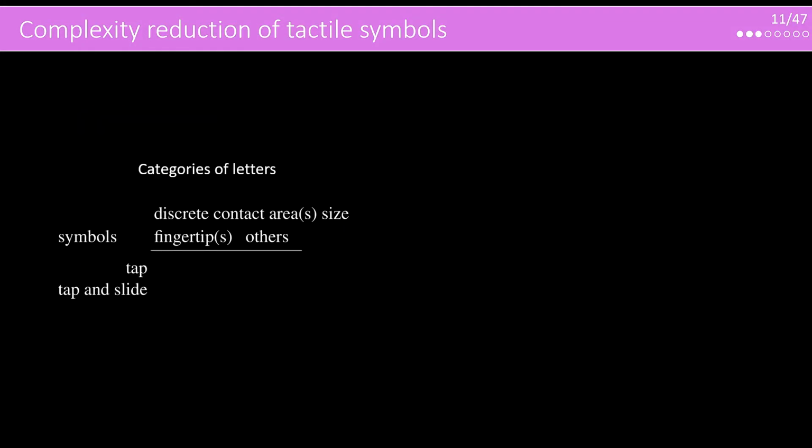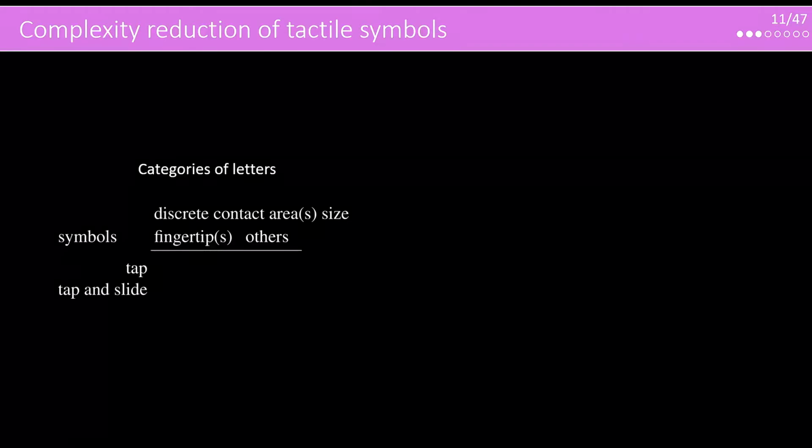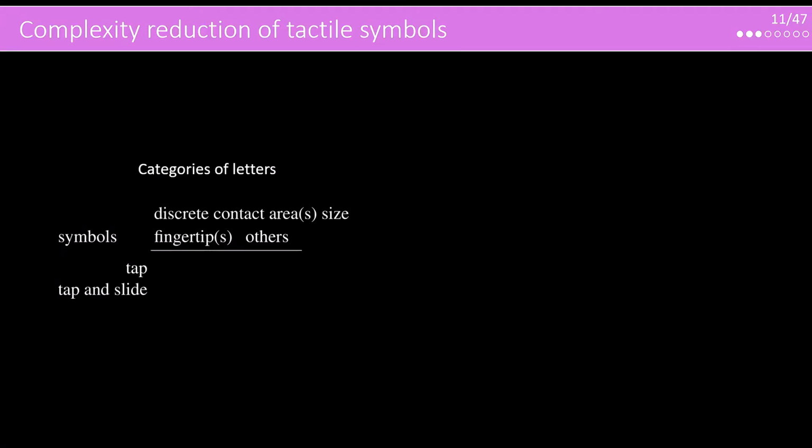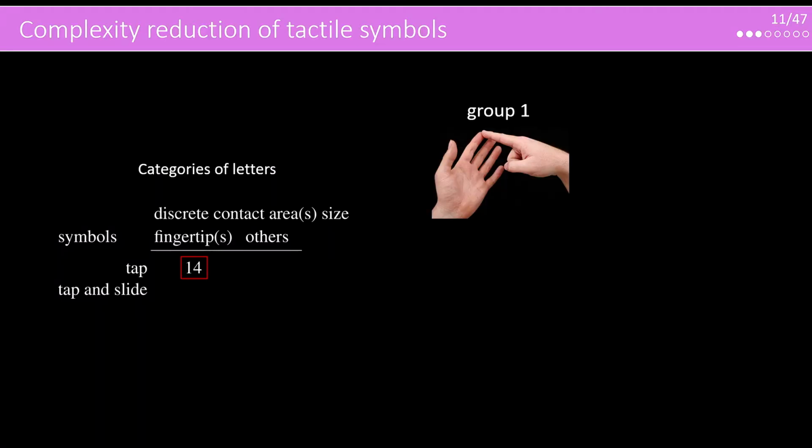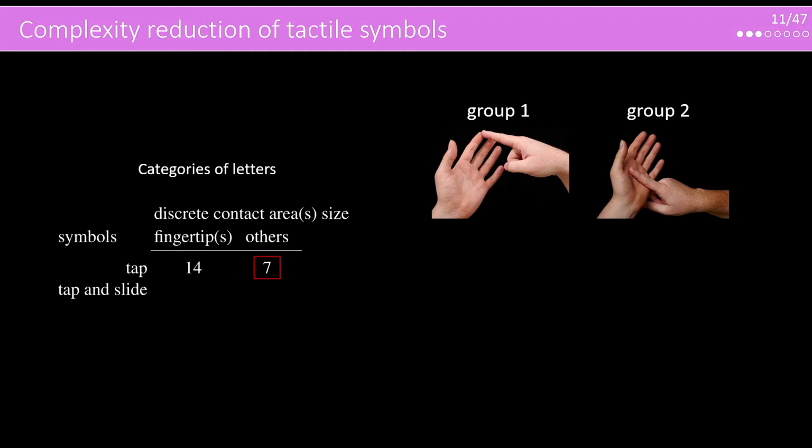So we have these two variables, and by combining them we can create 4 different groups. The first and biggest group is the tap letters of the size of a fingertip. The second largest group is the tap letters larger than the size of a fingertip.